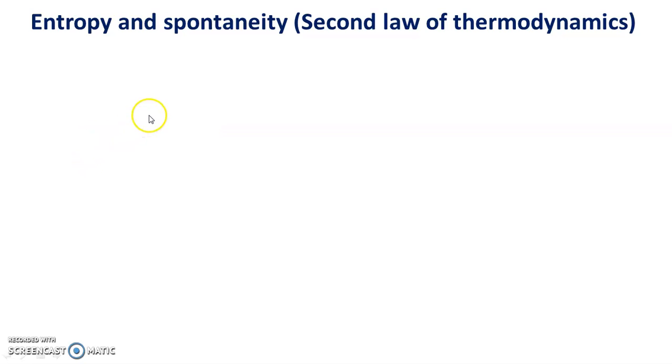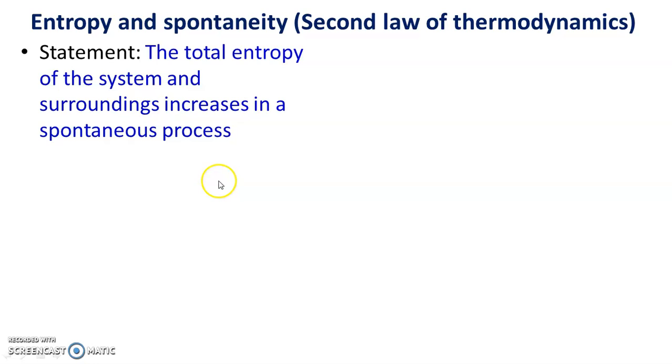Now the next point is entropy and spontaneity, that is, the second law of thermodynamics. The statement is: the total entropy of the system and surroundings increases in a spontaneous process. So the total entropy change is equal to delta S system plus delta S surroundings.